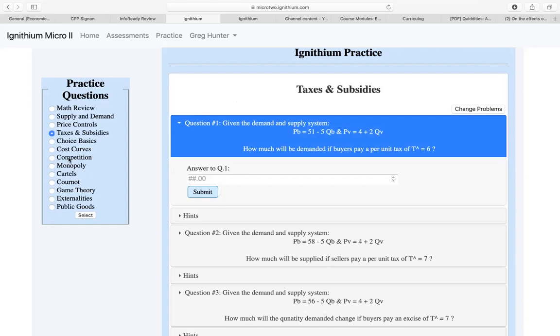I don't know if you understood what Scott did, Brian. You did the shift, right, Scott? Yeah, I did the shift. So Brian, these are questions where you have to shift the demand and supply curves, in almost all cases.